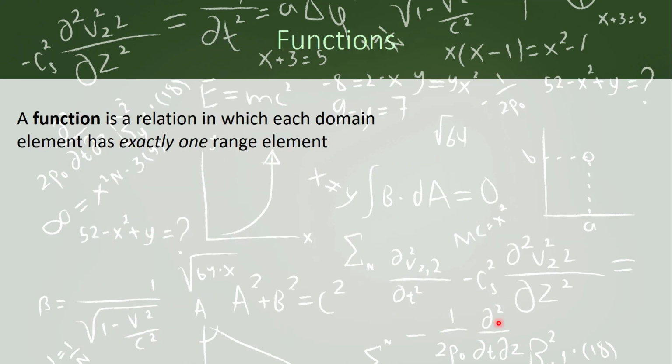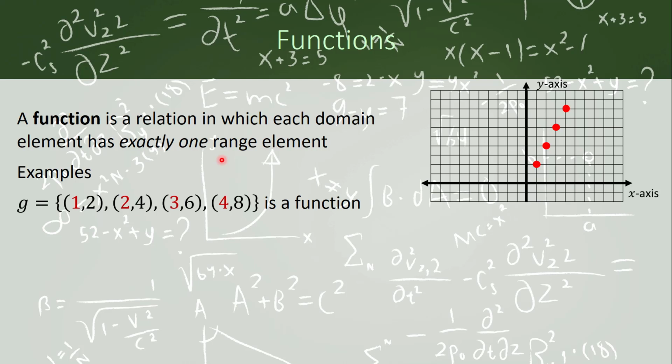And the next thing we need to talk about are functions. A function is a relation in which each domain element has exactly one range element. So take a look at G. Every single X value has exactly one Y value. There is not an X value here which actually has 2 Y values.